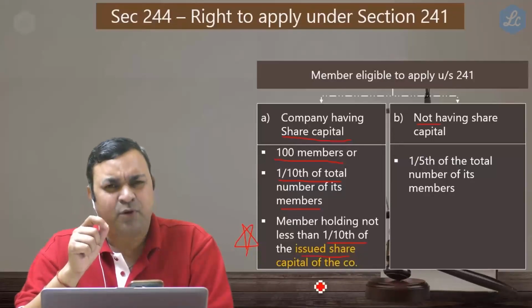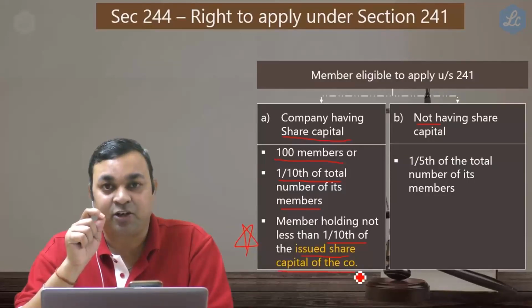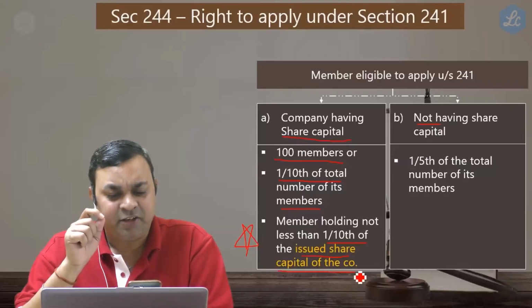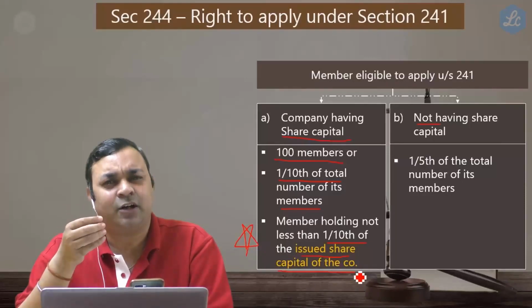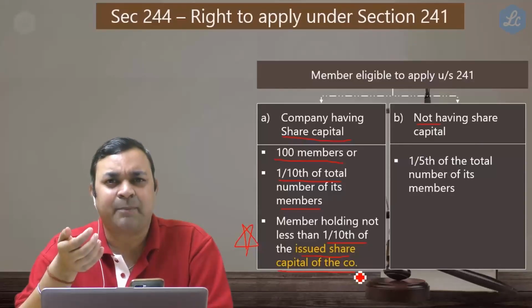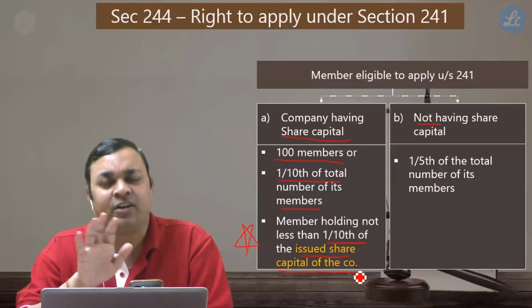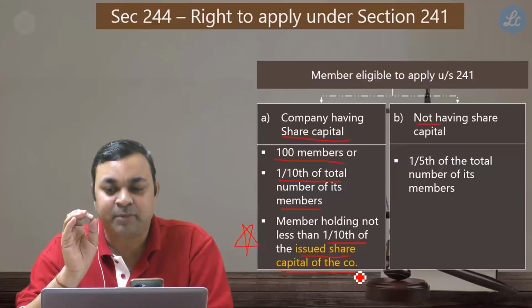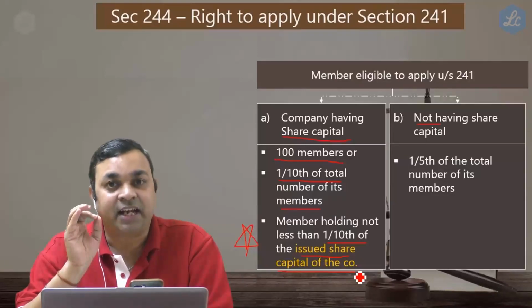Now the most important keyword under this point is issued share capital of the company. You very well know in the IPC examination there is authorized capital, paid up capital, issued capital, subscribed capital, but you need to forget all these capitals. Just remember that specific word, issued share capital.